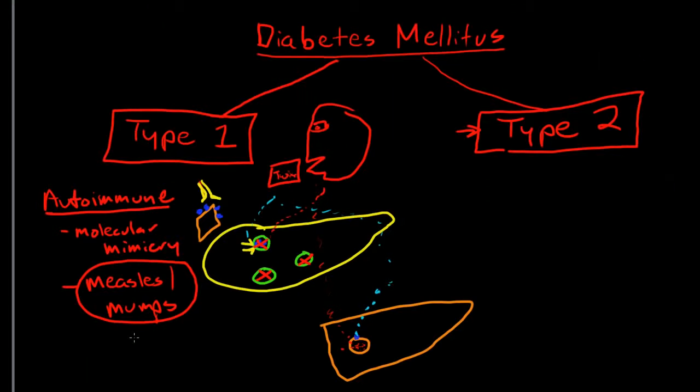But in any case, whatever the cause, the immune system attacks the beta cells in the pancreas, and one by one destroys them over a period of weeks to months, and then the patient will lose all of his or her insulin producing capacity. So type 1 diabetes is defined by loss of insulin production.